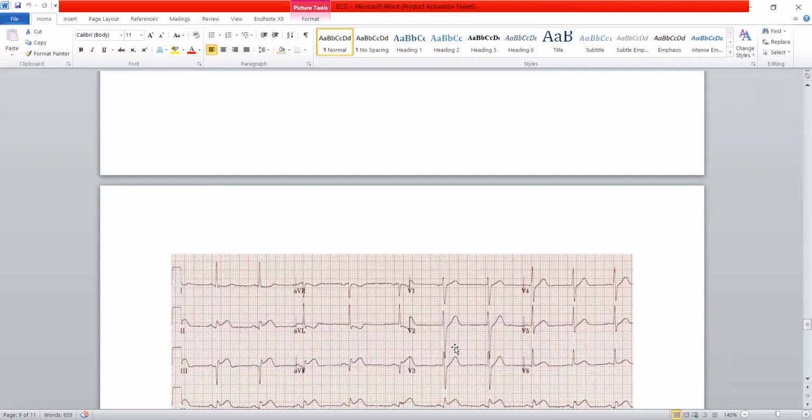Can anyone tell me what the changes in lead aVL are? Yes, there is ST depression and T wave inversion in aVL.